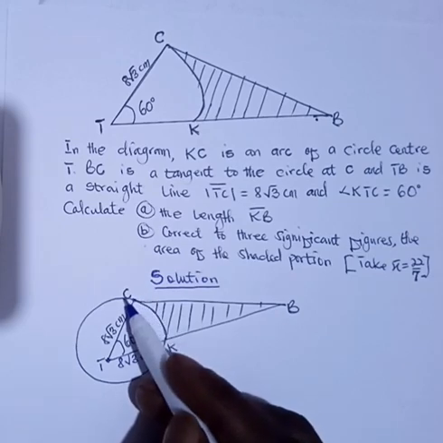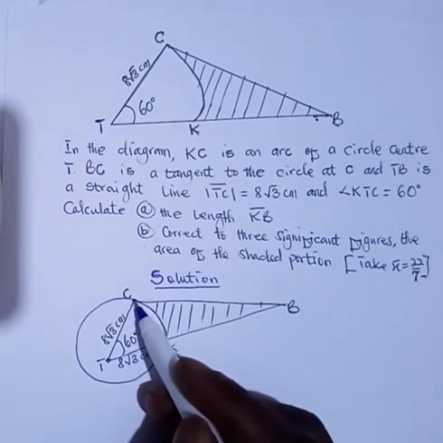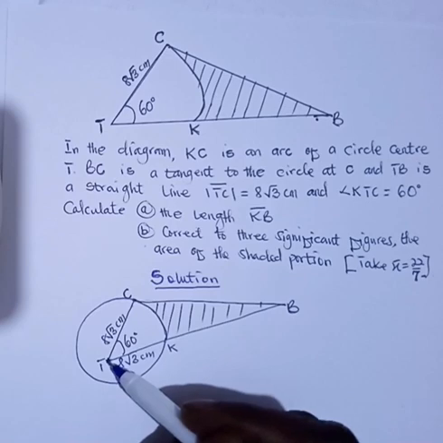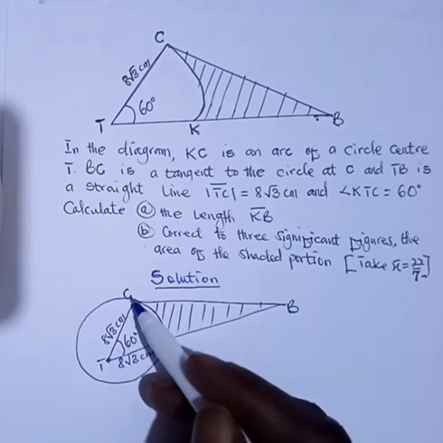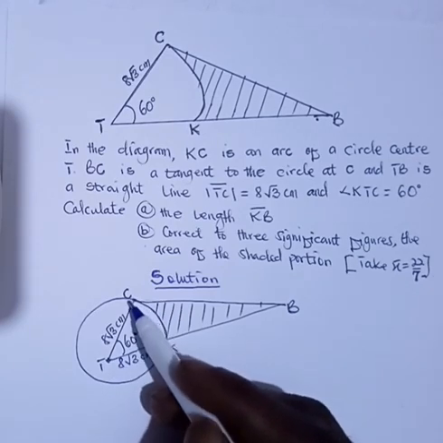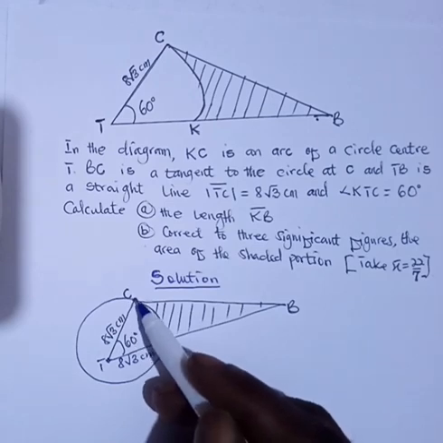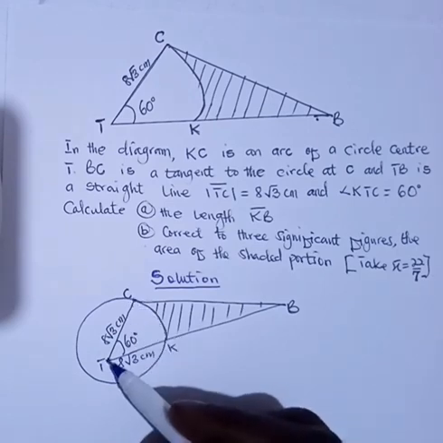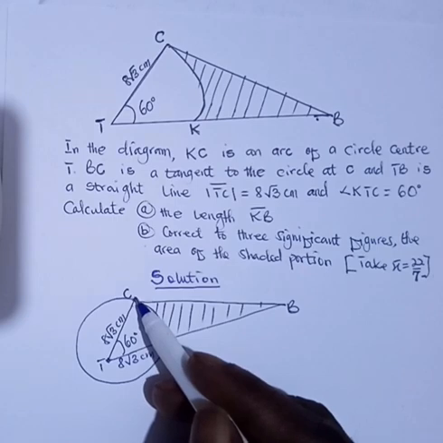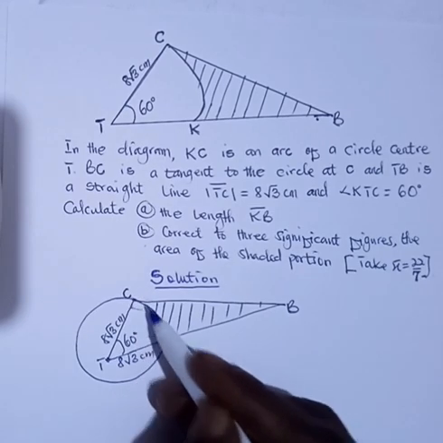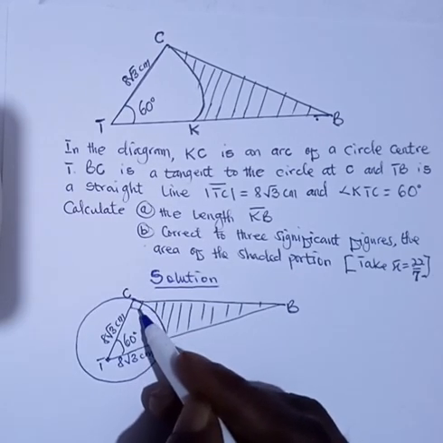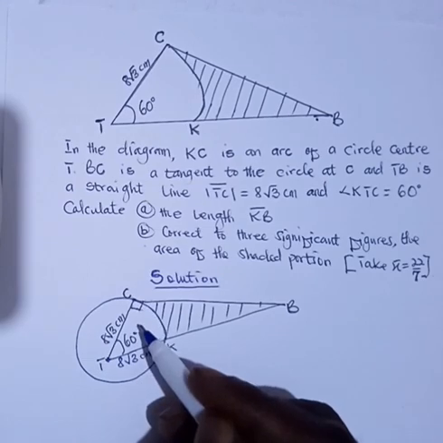In circle theorem, whenever you have the tangent line which touches the circle at a point where a line drawn from the center intersects, then automatically the angle formed there is a right angle. Have we gotten that?